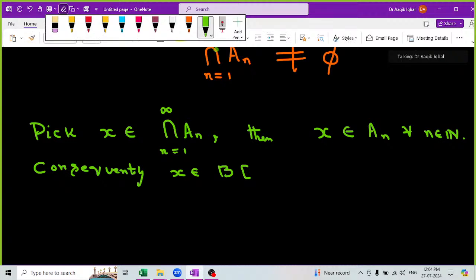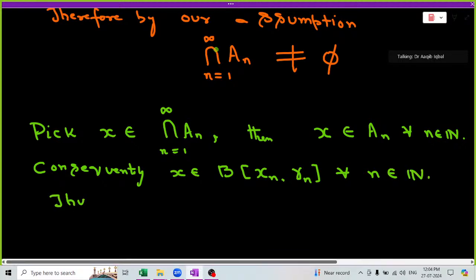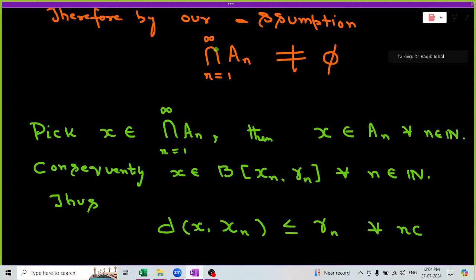X belongs to B(Xn, Rn), and this is true for all n in the set of natural numbers. Thus, if x is in the ball, the distance between x and the center of the ball is less than or equal to Rn, and this is true for all n in the natural numbers.